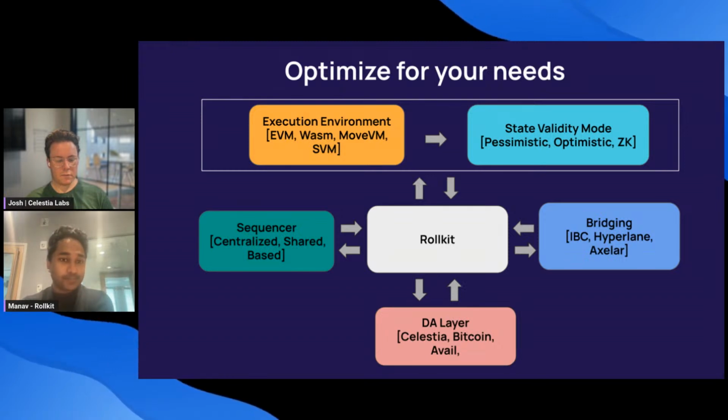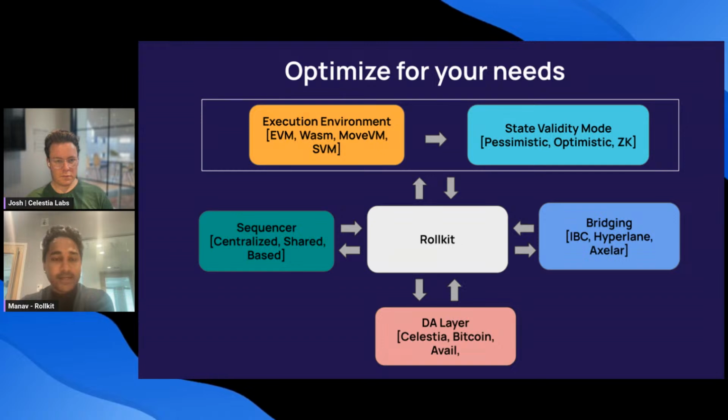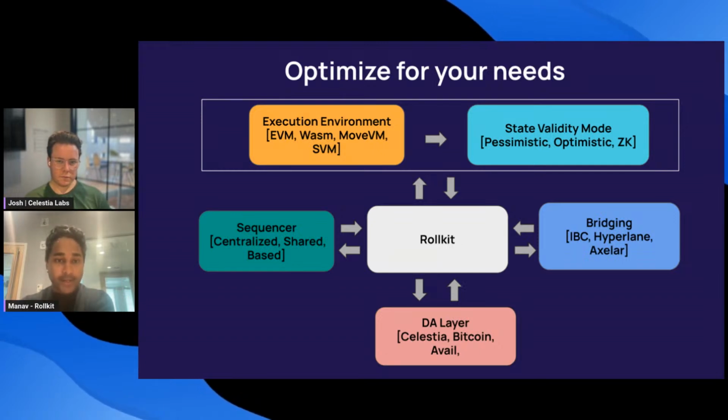The current Rollkit node does both sequencing and execution, but we are working towards supporting separating these two things, and you can pick and choose all the components you would like. It just enables another degree of freedom for developers to pick and choose all these different modular components you can have in a chain, so you're not forced to pick one. So that's what we're building.